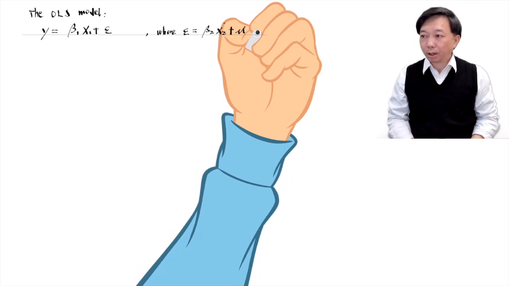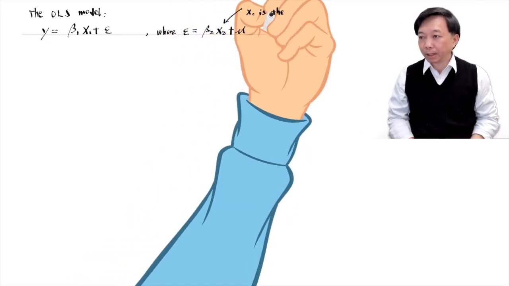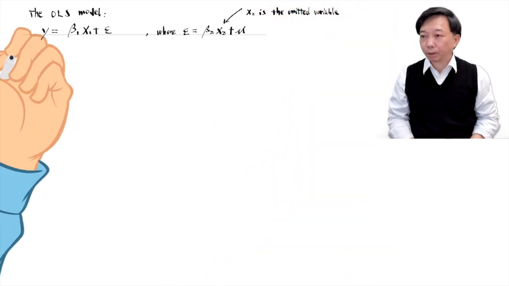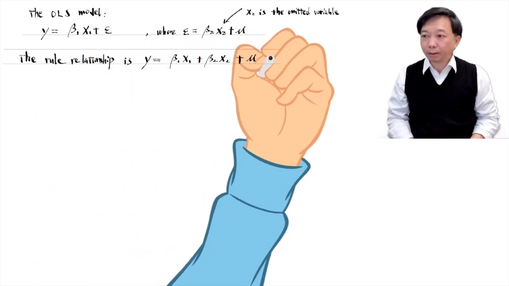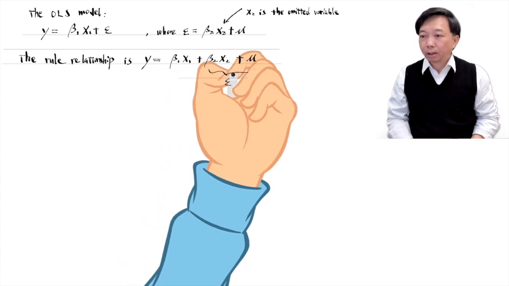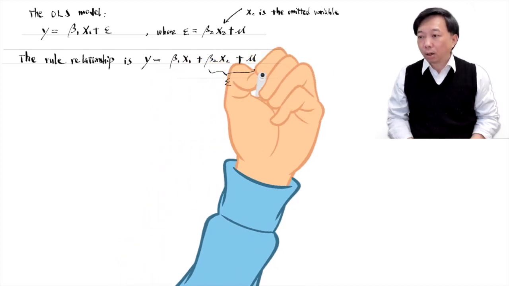One component is the omitted variable x2. In other words, the true relationship is as follows. x2 should be an explanatory variable in the model. However, it is unobserved or unmeasured, and it is omitted from the model.